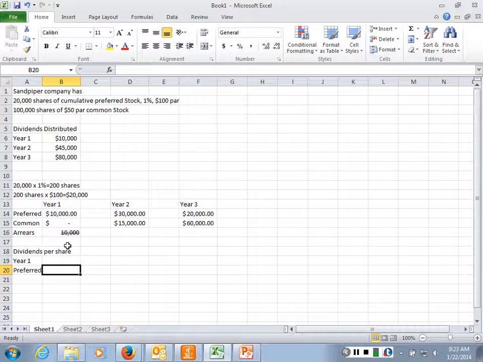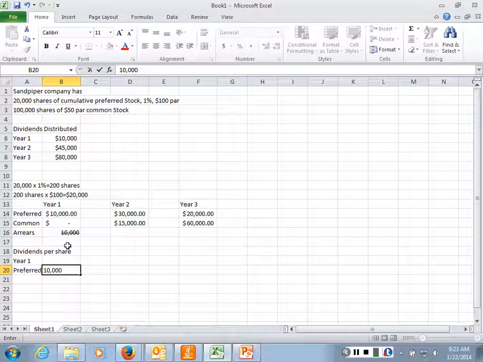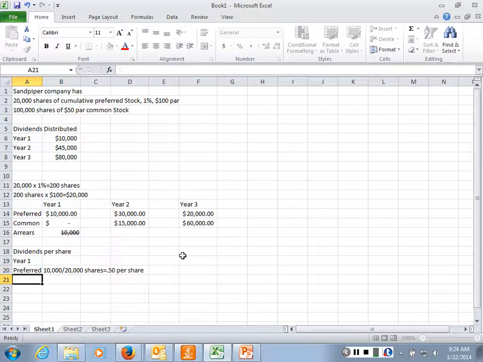Well, I've got $10,000, and I divide that by the number of total shares. So I'm going to come clear back up here to row 2 and say, okay, that was 20,000 shares. $10,000 divided by 20,000 shares should give you 50 cents per share. Common would just be 0 because they didn't get any dividends that year.